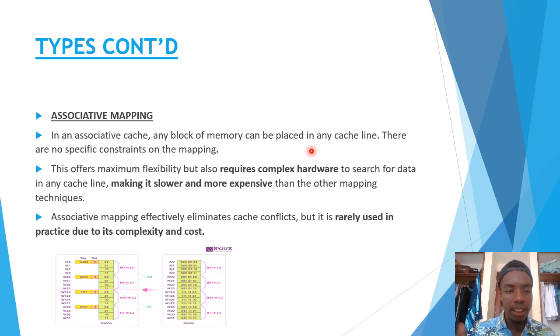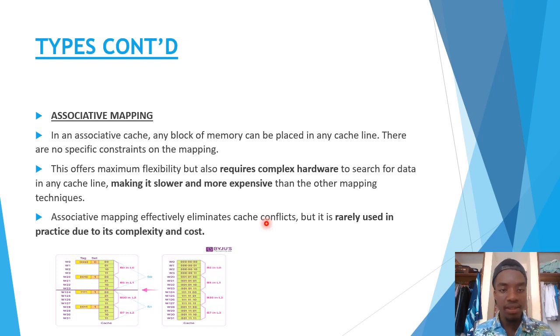There is nothing like you have to know this and that. This offers maximum flexibility but also requires complex hardware to search for the data in any cache line, making it slower and more expensive than other mapping techniques. It's like when something is in a big room and you're told to look for it: it becomes very hard to retrieve the object because you have to search in many areas around that room.